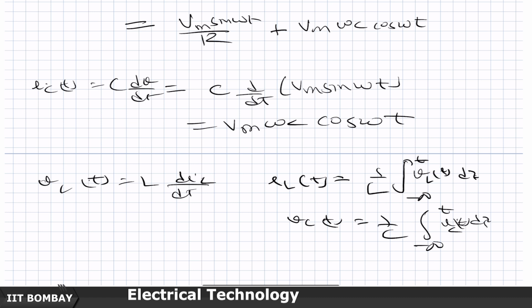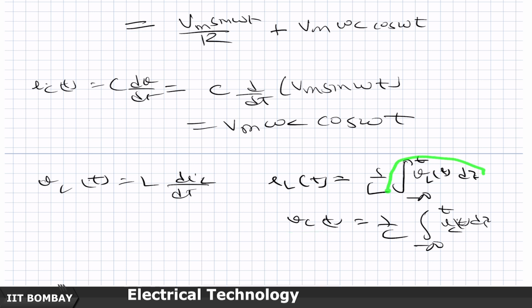Why did I bring it out here? Because this is the net charge which has accumulated from minus infinity to t, and that net charge divided by the capacitance is the voltage.